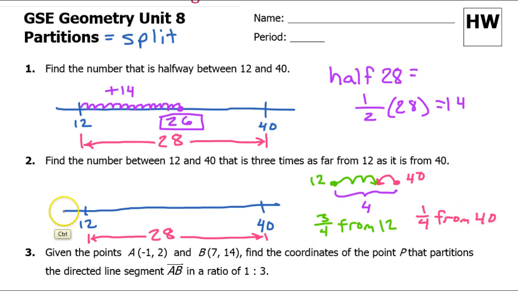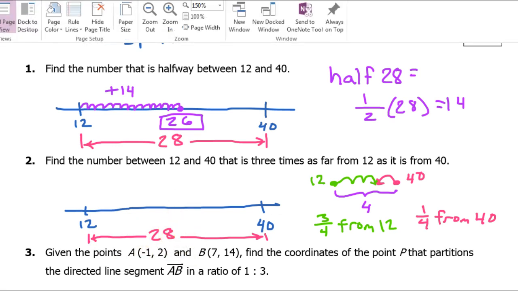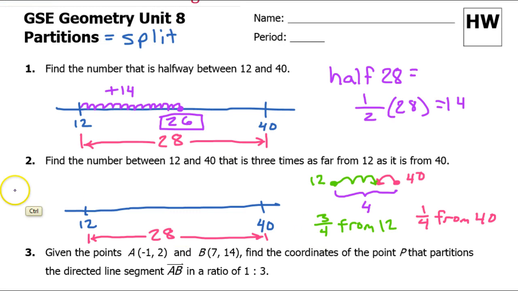I want to go 3/4 of the way from 12 and make my partition. I want to find that number. So don't forget that the total distance is 28. So the question becomes, what is 3/4 of 28?